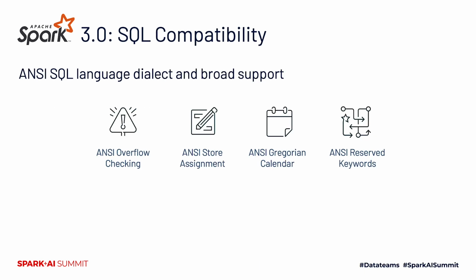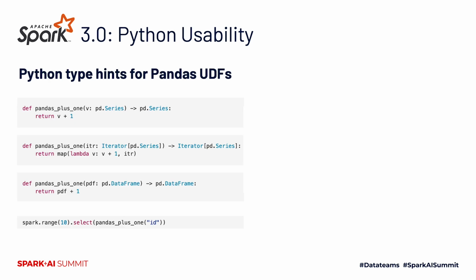And finally, there's been a big effort in 3.0 around SQL compatibility, in particular an ANSI SQL dialect that follows the standard SQL convention in many areas of the language, and that makes it very easy to port workloads from other SQL systems. And this is one of the areas that we're continuing to invest in, but we've made significant strides in 3.0. Okay, so that's a bit about SQL.